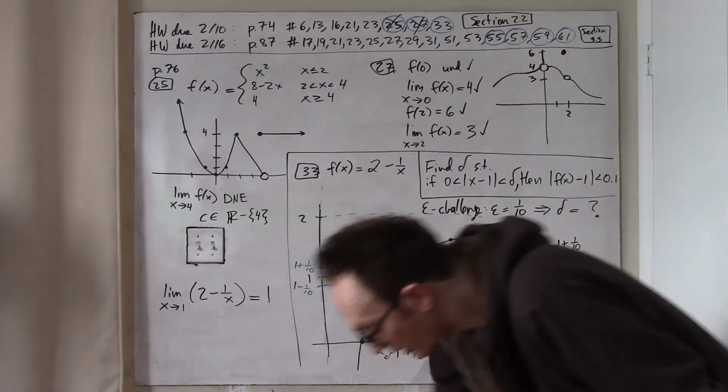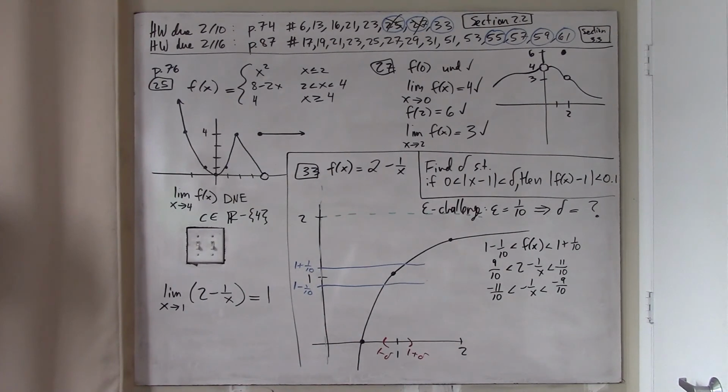Well, let's just continue the algebra. I can multiply through by a negative, which flips all the signs. So then I get 11/10 is greater than 1 over x, which is greater than 9/10. And now I have an inequality which says that 1 over x is between 9/10 and 11/10, so it's certainly positive.